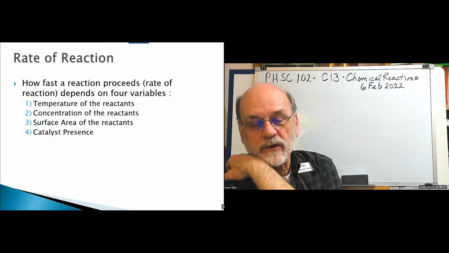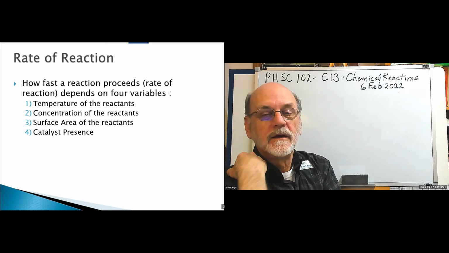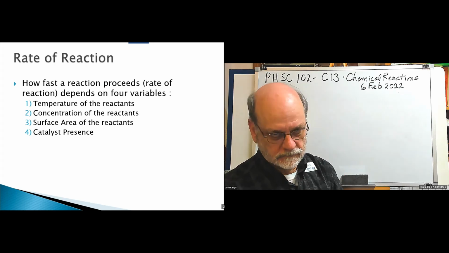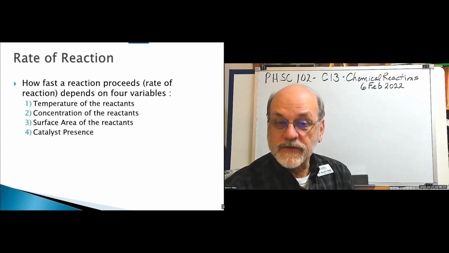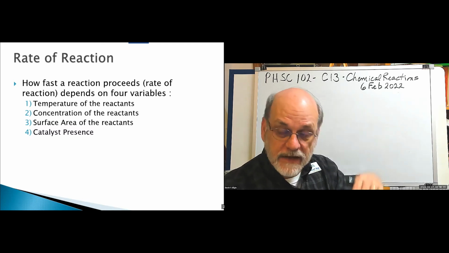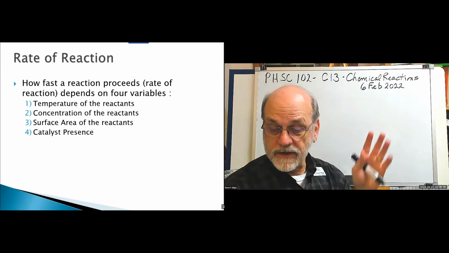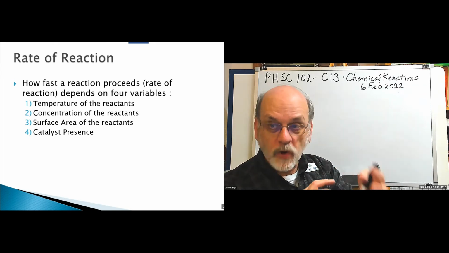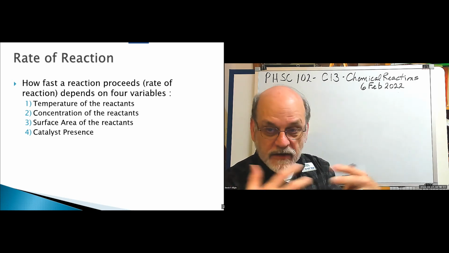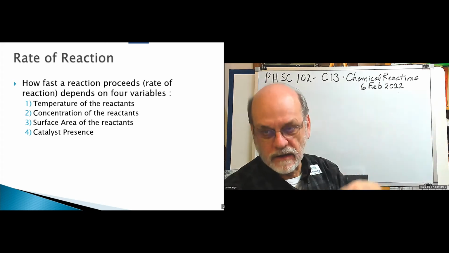If you have more energy going into the reaction to start with, then you get more reactants producing products more quickly. Concentration. If you have reactant concentration increased, then according to the kinetic molecular theory, you have more chance to interact, right? They're more densely packed, so you have more collisions. So that increases the rate of reaction also.